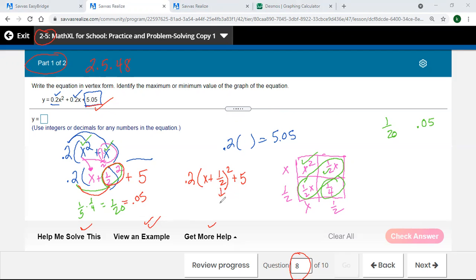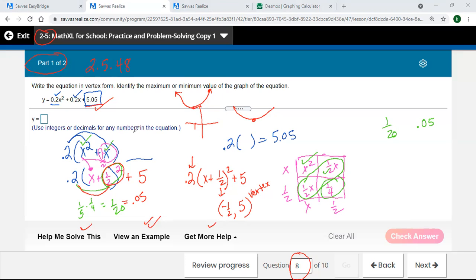To get the vertex, it's the opposite of this. So a negative 1/2, and the same as this 5. And then since it's multiplying by this 0.2, it's going to be a wider parabola with that vertex at -1/2, 5 up here, and wider because of the vertical stretch factor on the front.